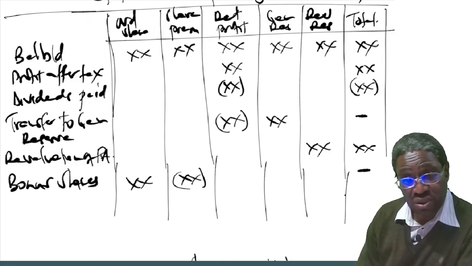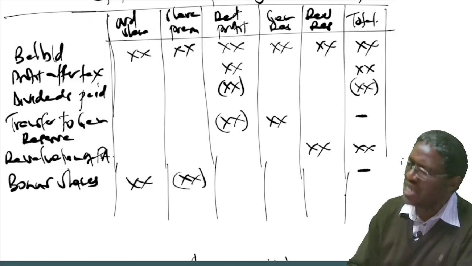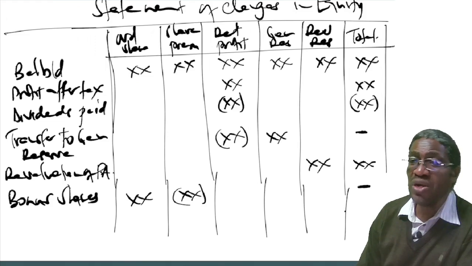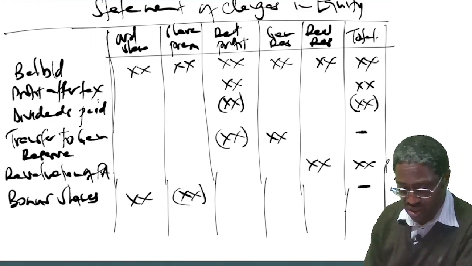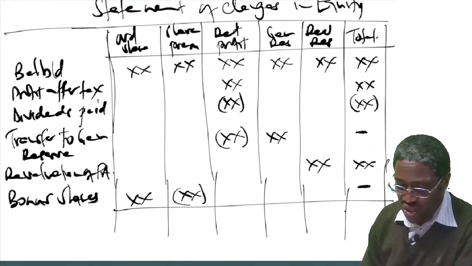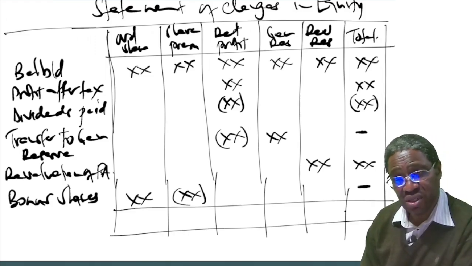No. Good. Now let me assume those were the only changes that took place in our business this year which affect equity. Once you're through, you get the balances carried down.